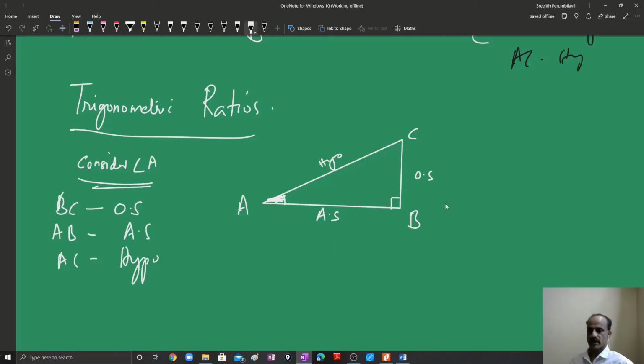Why ratios? Suppose I extend this triangle. I'm making different triangles here. I'll get different triangles. There are a lot of triangles.